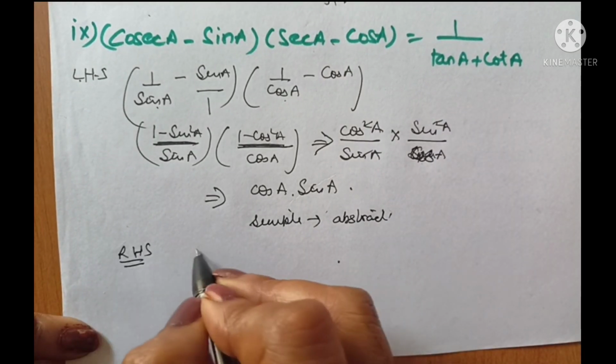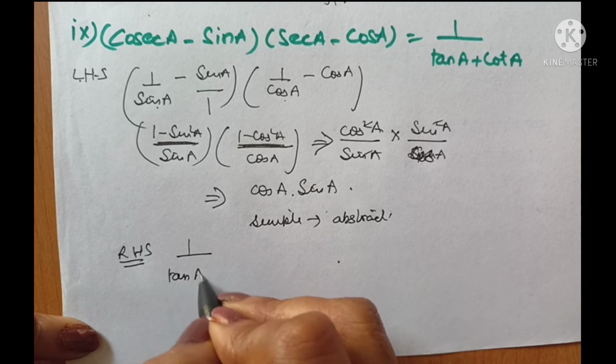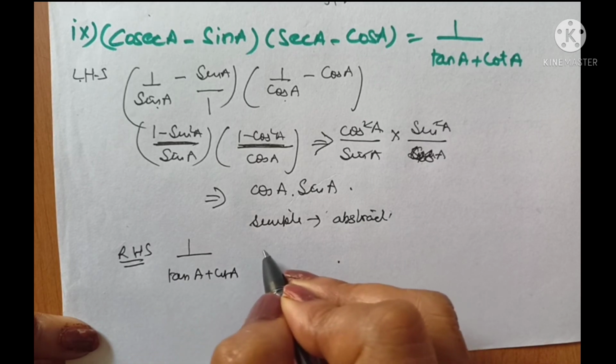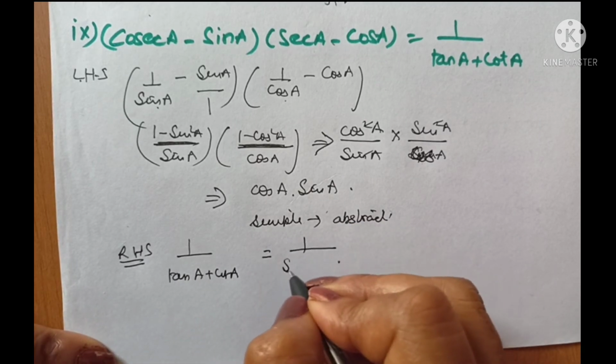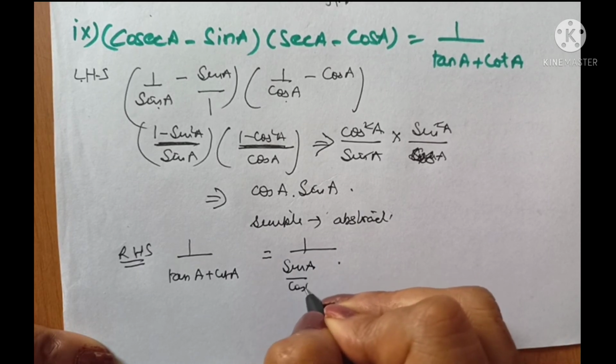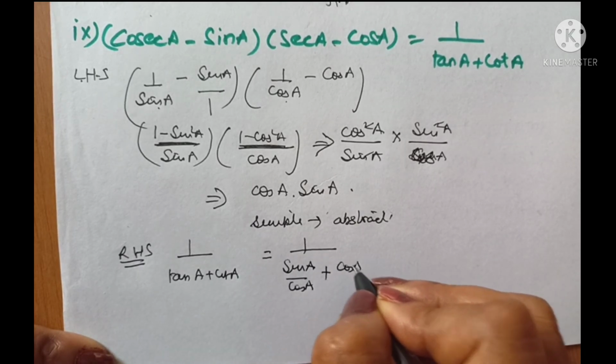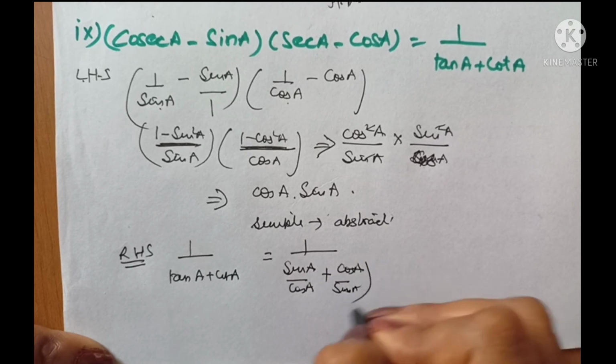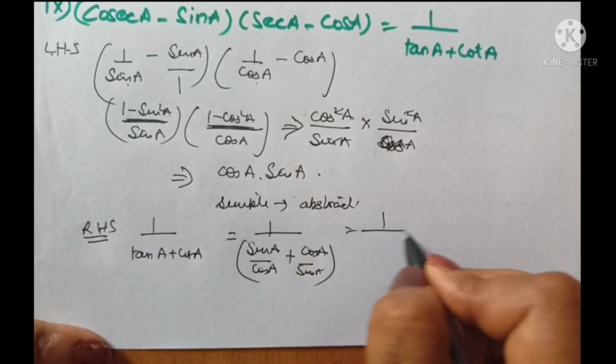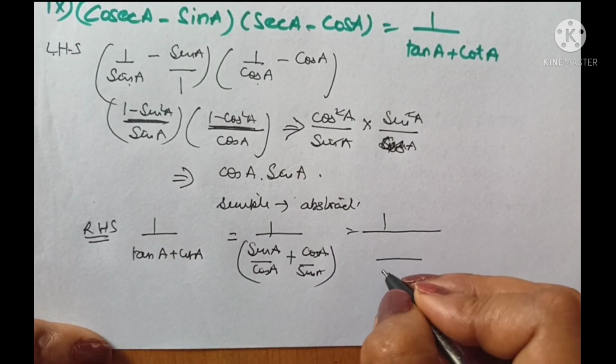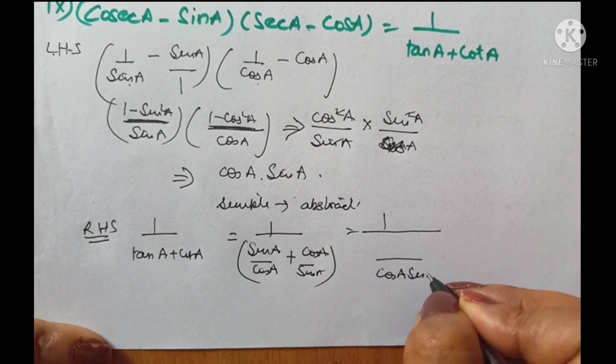Consider RHS. RHS is 1 by tangent A plus cot A. So let us convert. Tangent A can be written as sine A by cos A. And cot A can be written as cos A by sine A. 1 as it is. Take LCM in denominator. Cos A into sine A is LCM.